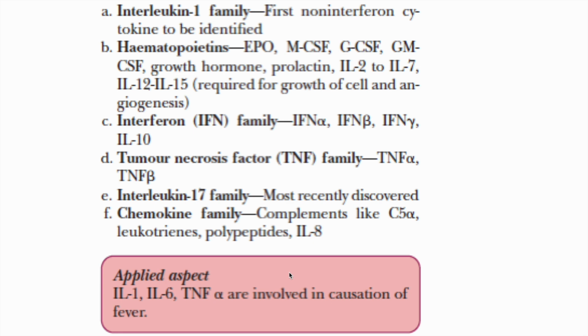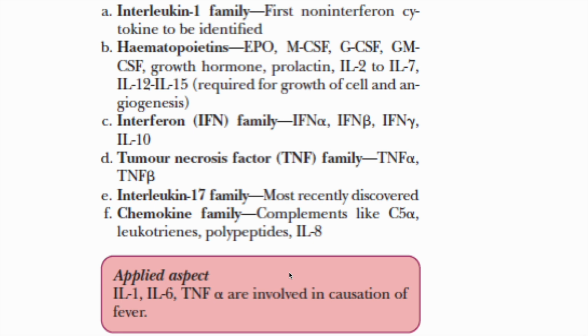Hematopoietins, as I already mentioned, are required for growth of the cell and angiogenesis: interleukin 2, 7, 12, 15, EPO, CSFM, CSFG, CSFGM, all have their own functions.